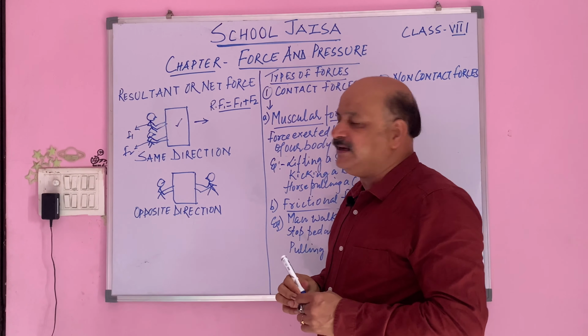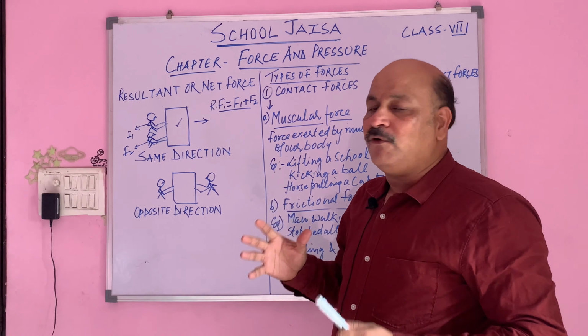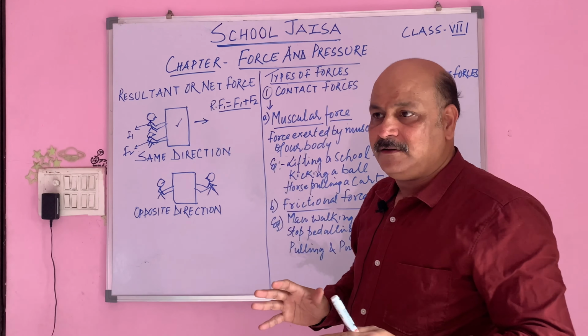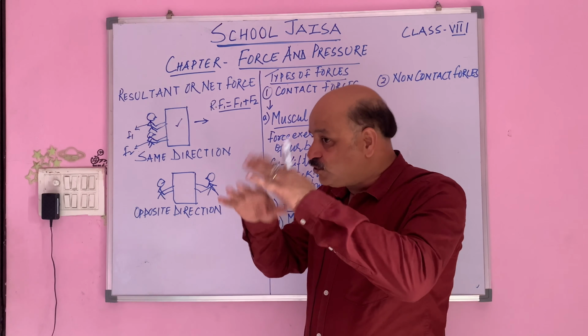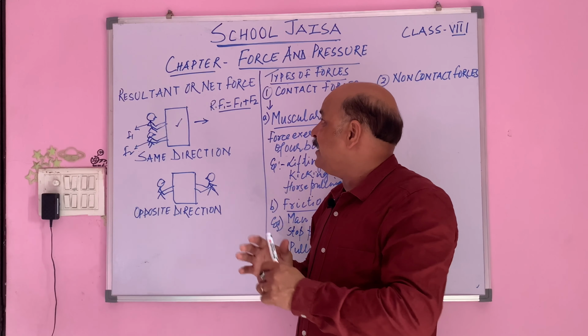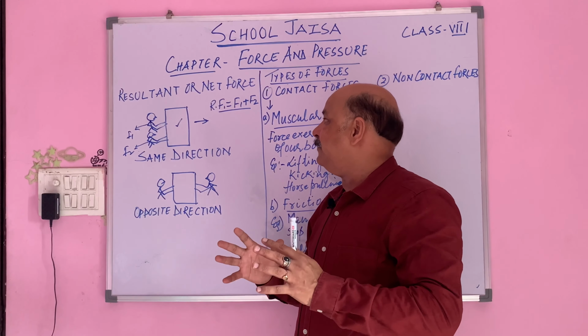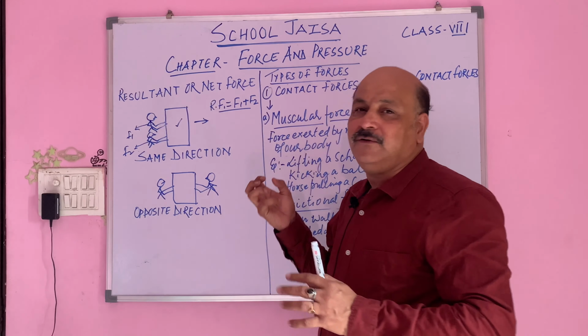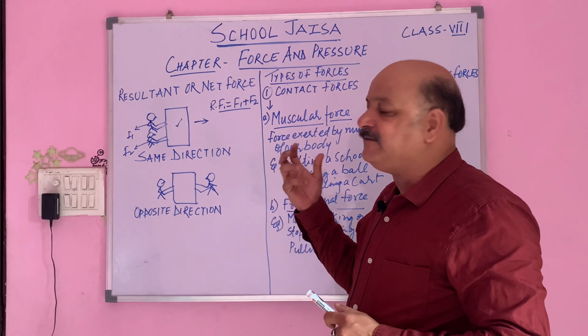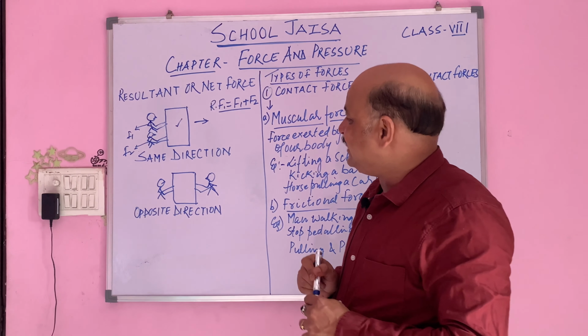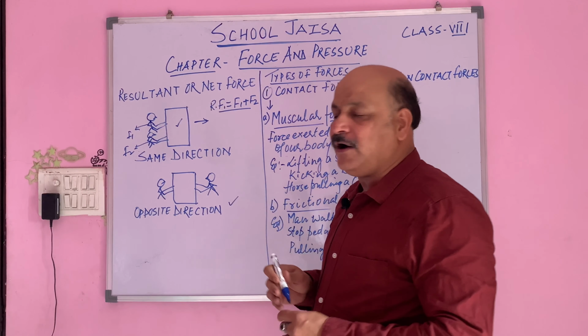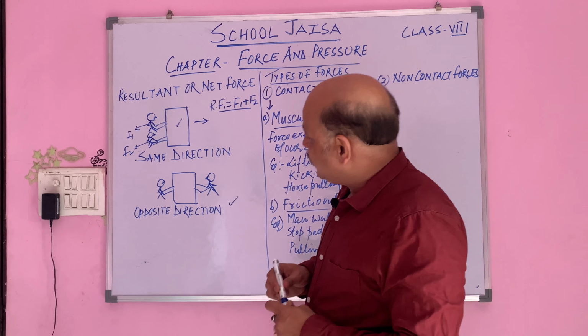So what do we say? Whenever many forces are acting on a body, their addition is called the resultant force. Now let's take another example or diagram. What do we observe?